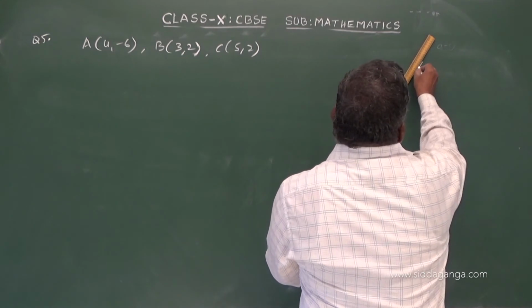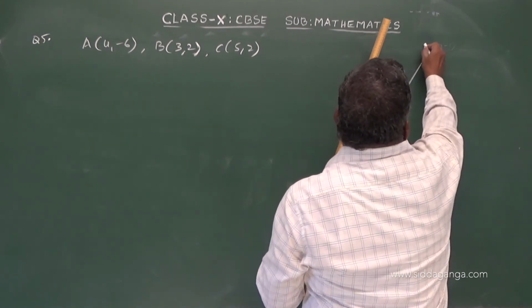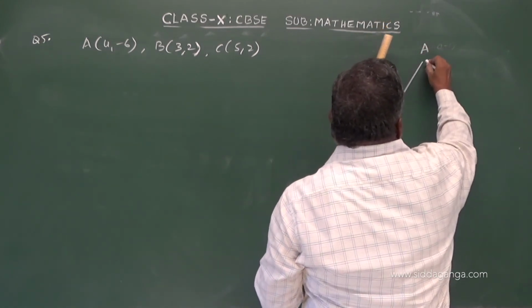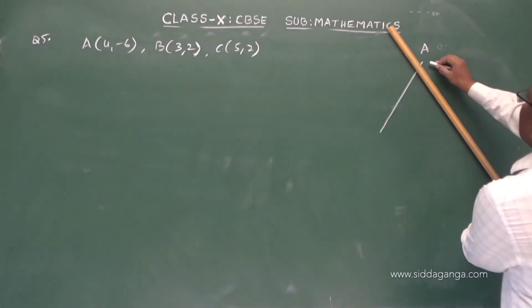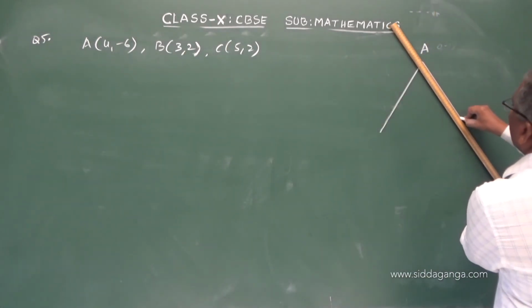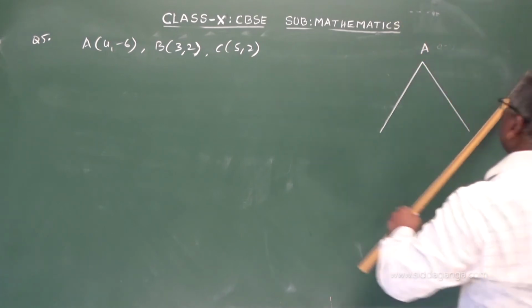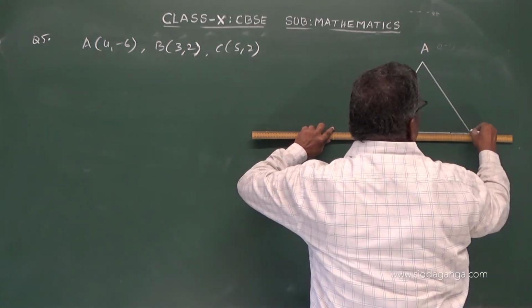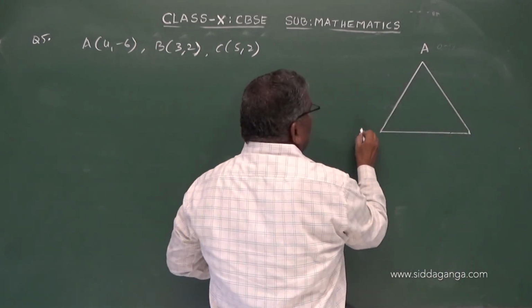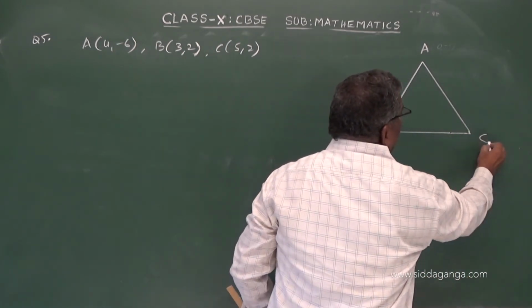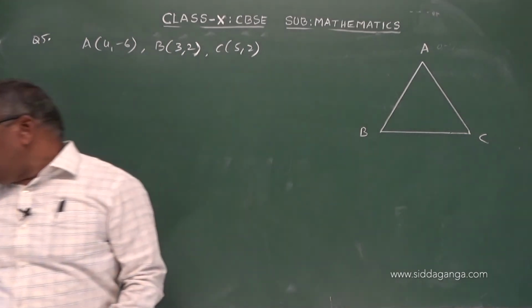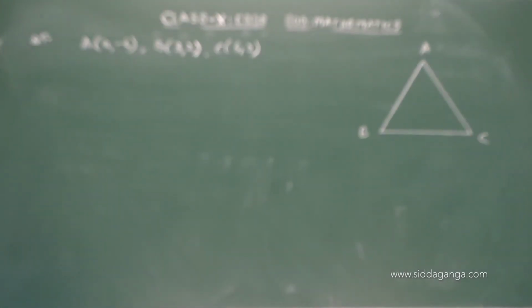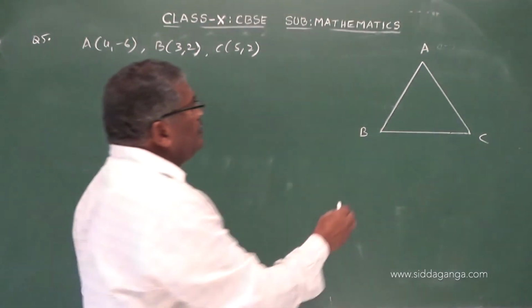So this is, say, A. First I will complete the diagram. This is ABC. So let this be point B and point C. Now B is given by 3 minus 2.